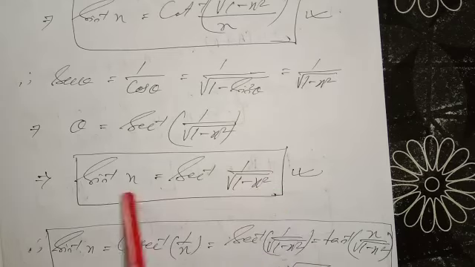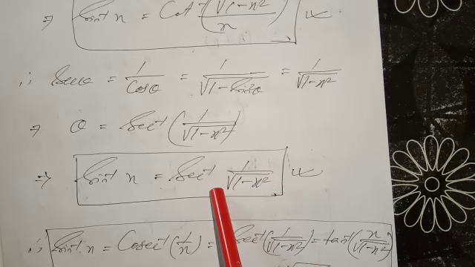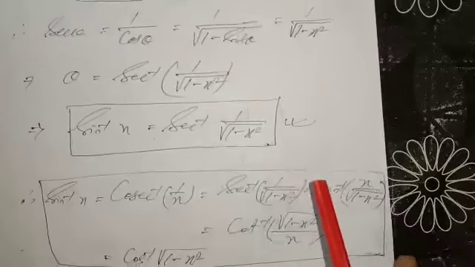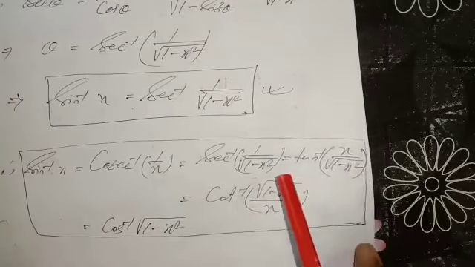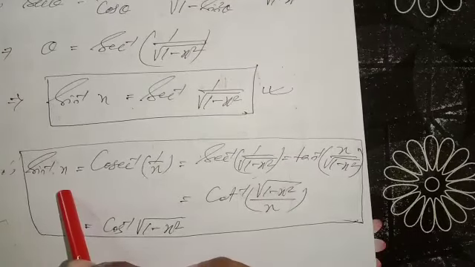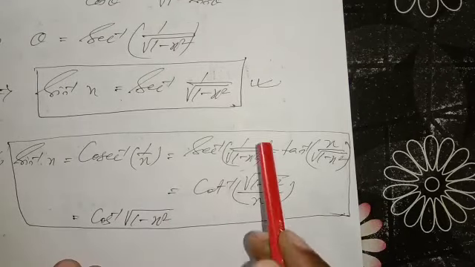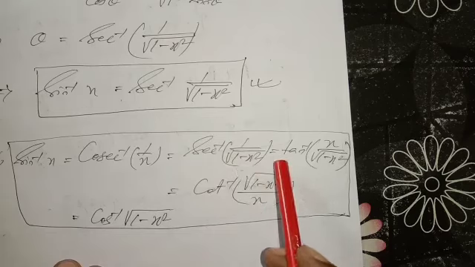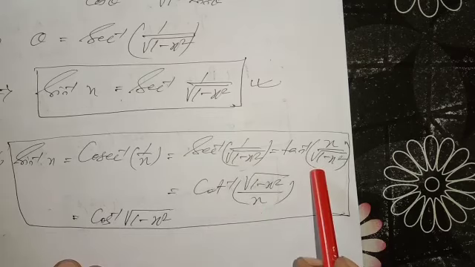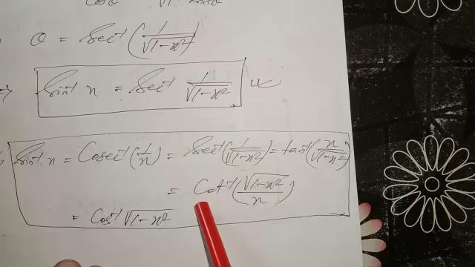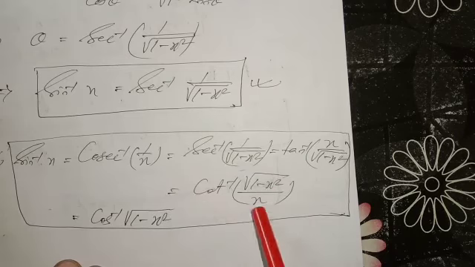A question can come: prove this. Okay, I am directly deriving so many formulas related to inverse trigonometric functions with the help of the trigonometrical ratio chapter. So what is the final conclusion today? Sin inverse x is equal to cosec inverse 1 by x, sec inverse of 1 by square root of 1 minus x square, equal to tan inverse of x by square root of 1 minus x square, and equal to cot inverse of square root of 1 minus x square by x, and also cos inverse of square root of 1 minus x square.